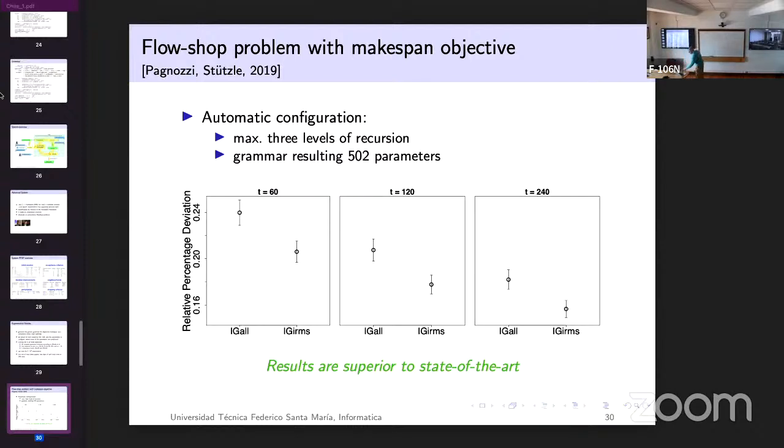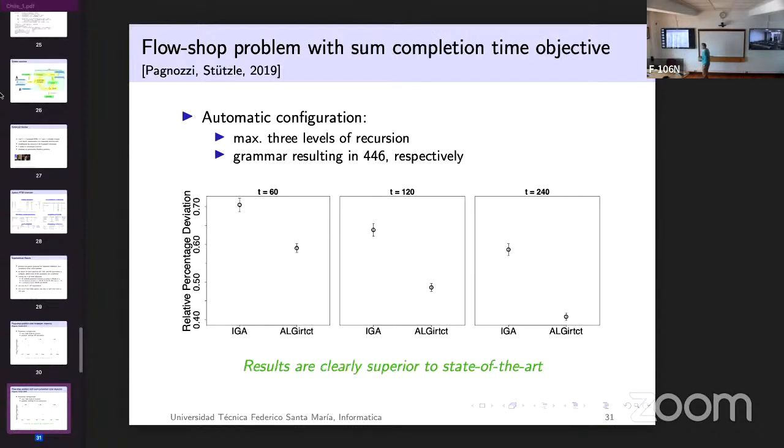And one does the same for the sum completion time, with the automatic configuration. These are all the results for the algorithmic configuration, and this is the kernel-based one.